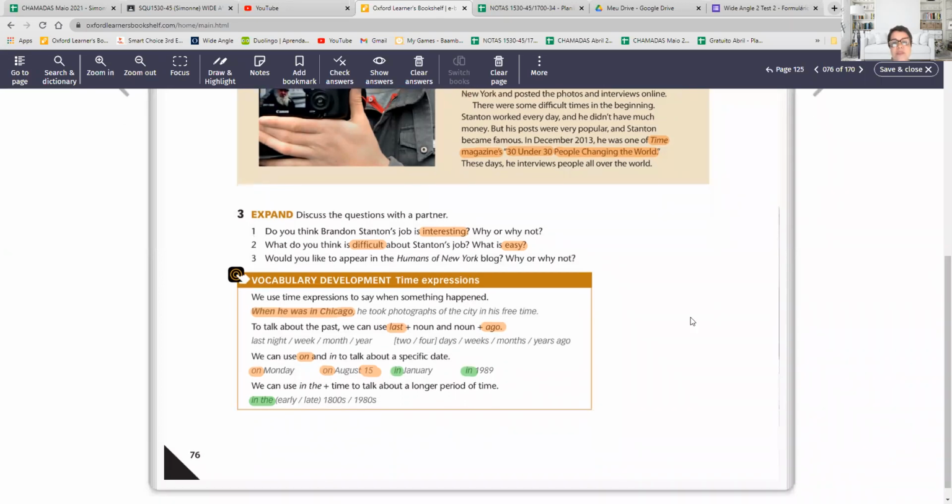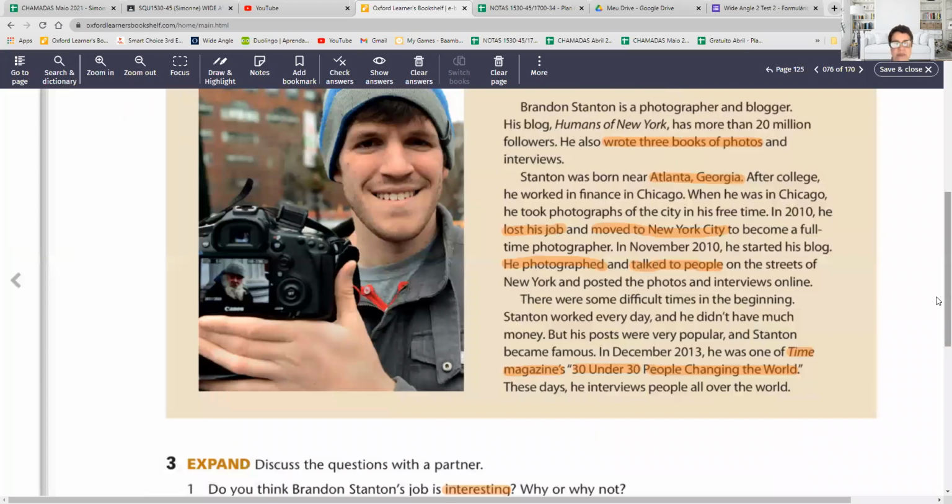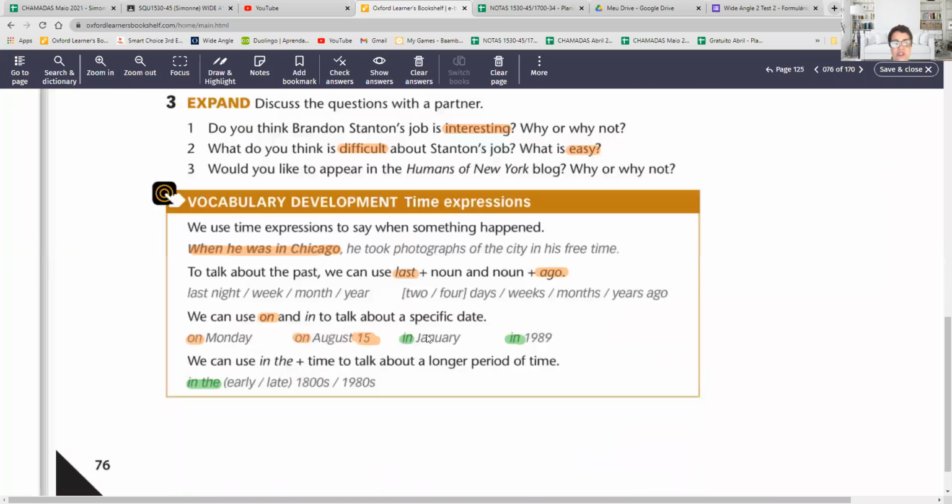So we saw some time expressions. Let's zoom in there, okay, guys? So prepositions used in time expressions, okay? That was the topic. We use time expressions to say when something happened.